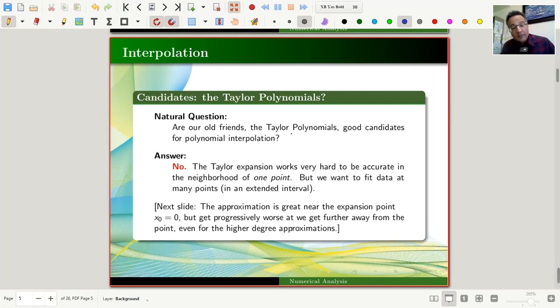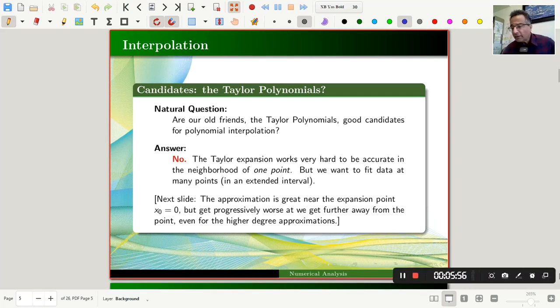The natural question is whether the Taylor polynomial is a good candidate for the interpolant polynomial. We say it's not true; the Taylor polynomial is not good enough for this aim.